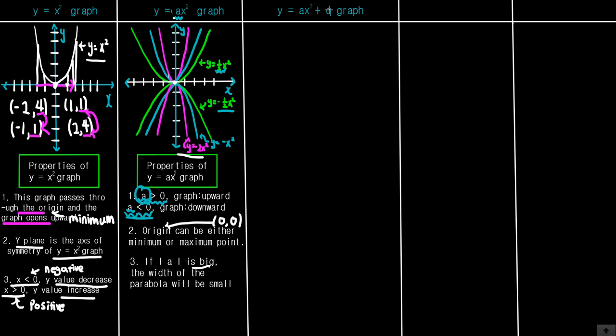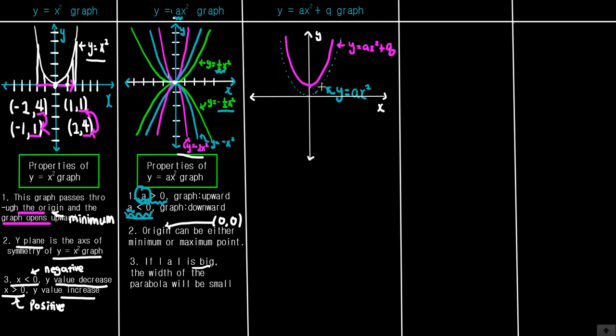in terms of the y equals ax squared plus q graph. Here I drew the approximate graph of y equals ax squared plus q. The reason I say it is approximate is that we know the y equals ax squared graph, which I drew in the dotted line, and q is a constant.